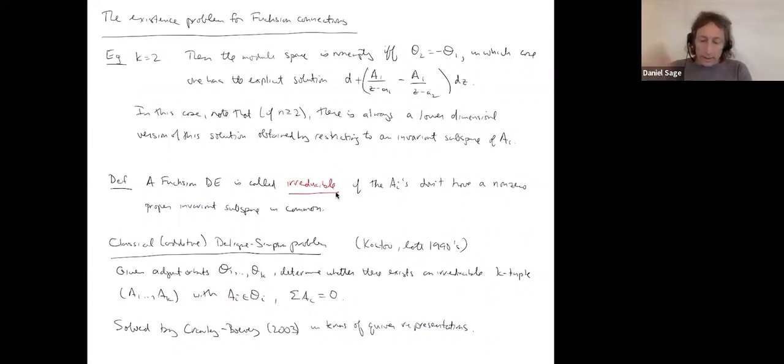It basically means, can you reduce your connection to a non-trivial Levi subgroup? That's more or less what it means. So I've just given you a formulation of what the additive Deligne-Simpson problem should be for a general reductive G. But as far as I know, there's no known solution to when that is non-empty.